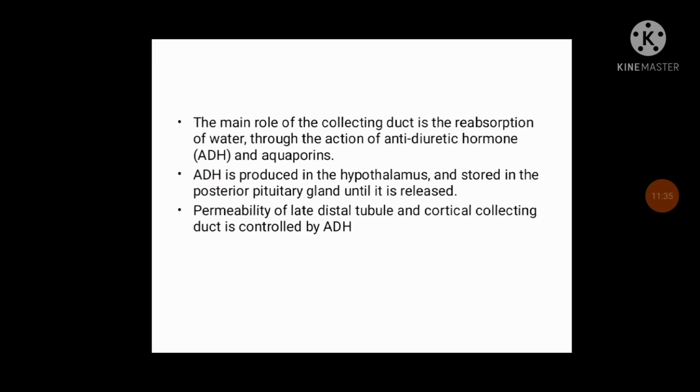ADH acts on the renal tubular cell and increases the water and the sodium absorption, especially the water, and thus dilutes the plasma. The permeability of the late distal tubule and cortical collecting duct is under the control of the antidiuretic hormone.